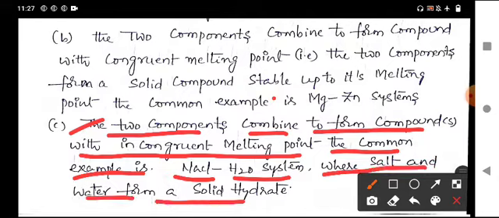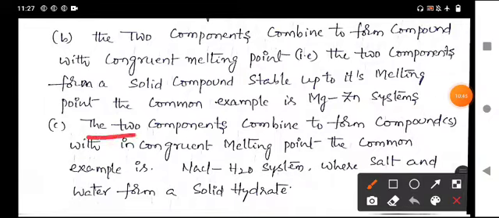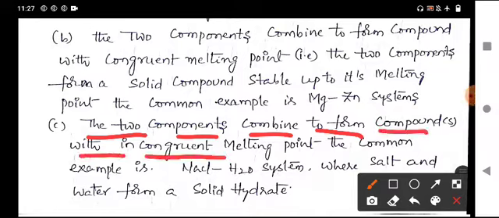Once again, I want to repeat this one. The two components combine to form a compound or compounds with incongruent melting point. Incongruent melting point is the melting point of a compound which is formed from two components, which before reaching its melting point can easily liquefy.